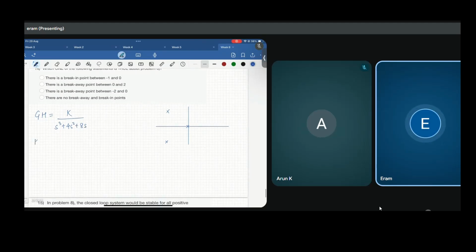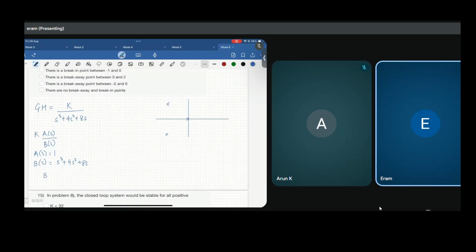And we need to write it in the form of numerator over denominator. So numerator A(s) will be nothing but 1 and B(s) will be nothing but s cube plus 4s square plus 8s, and then we need to solve B dash A minus A dash B equals 0, because at the break-in or breakaway point this condition is satisfied.